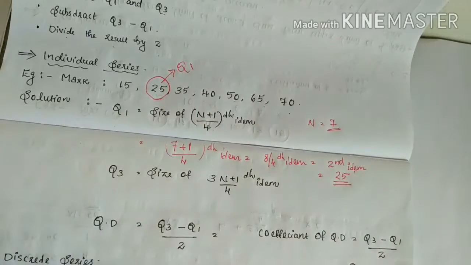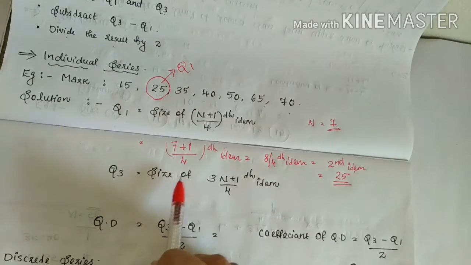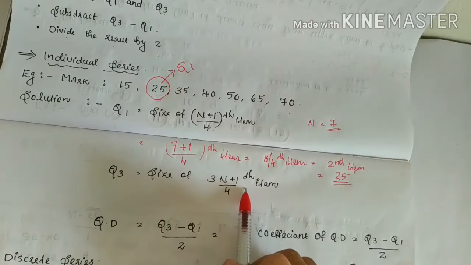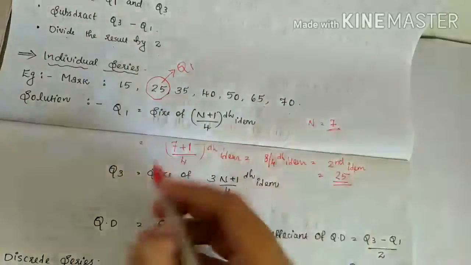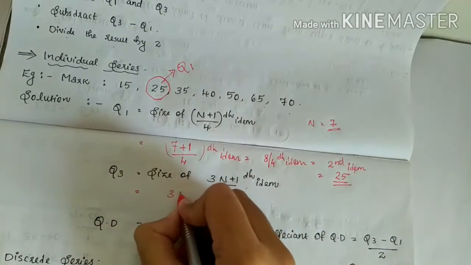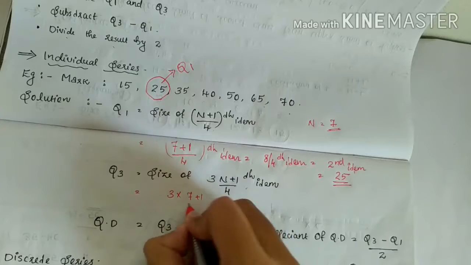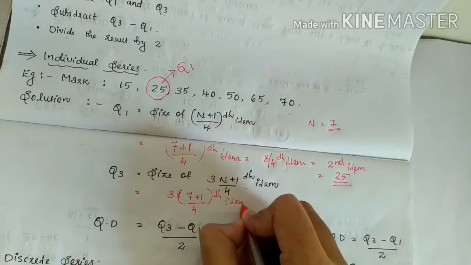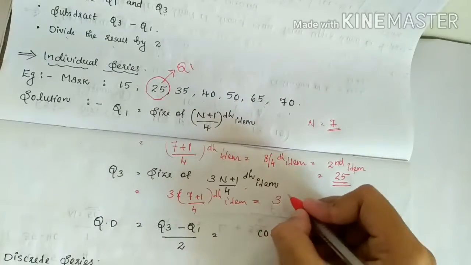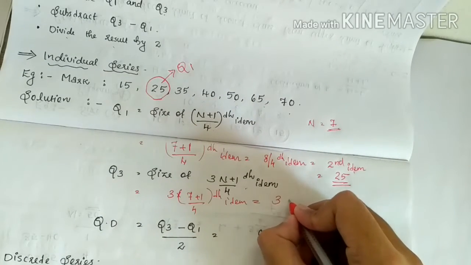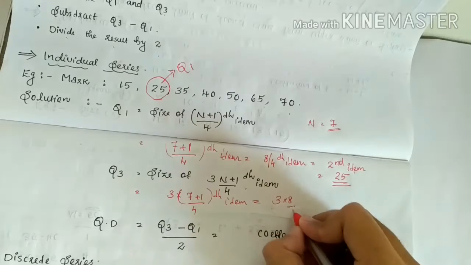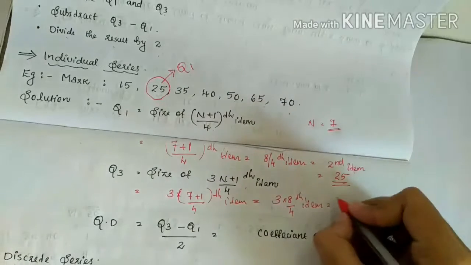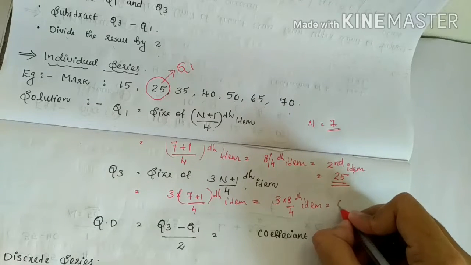Next is to calculate Q3. Q3 can be calculated by using this equation: 3 into (n plus 1) by 4th item. That is 3 into (7 plus 1) by 4th item, which is equal to 3 into 8 divided by 4, which is the 6th item.